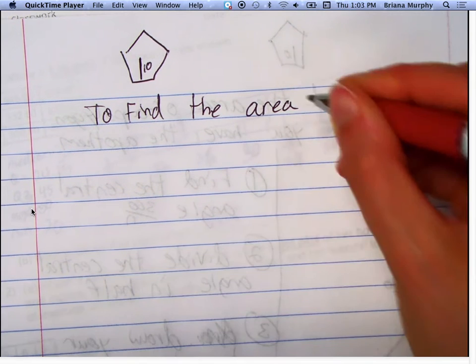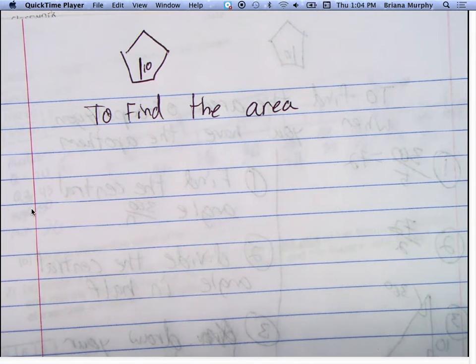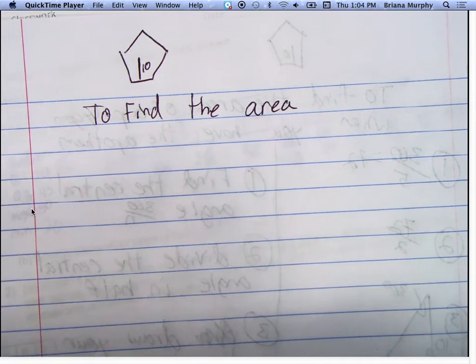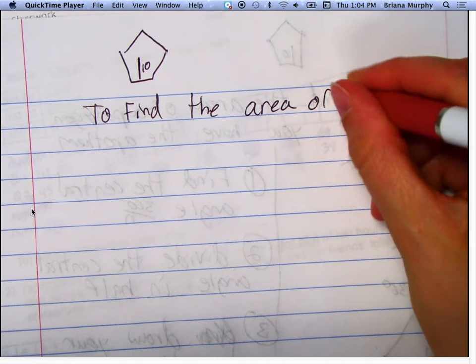You don't have to turn this in though, so if you don't want to rip it out of your notebook, you can write small. I drew a house, but I know that's not the pentagon. Okay, find the area of a polygon.